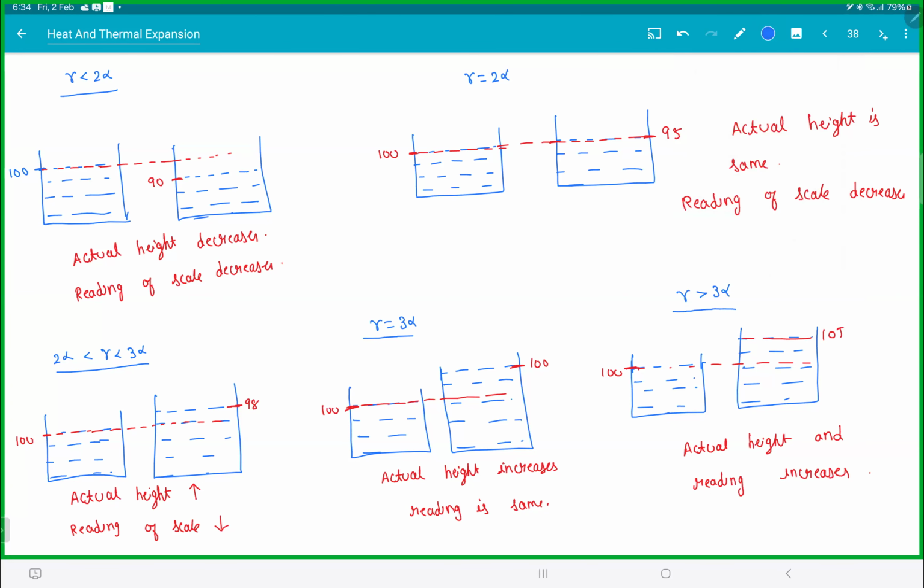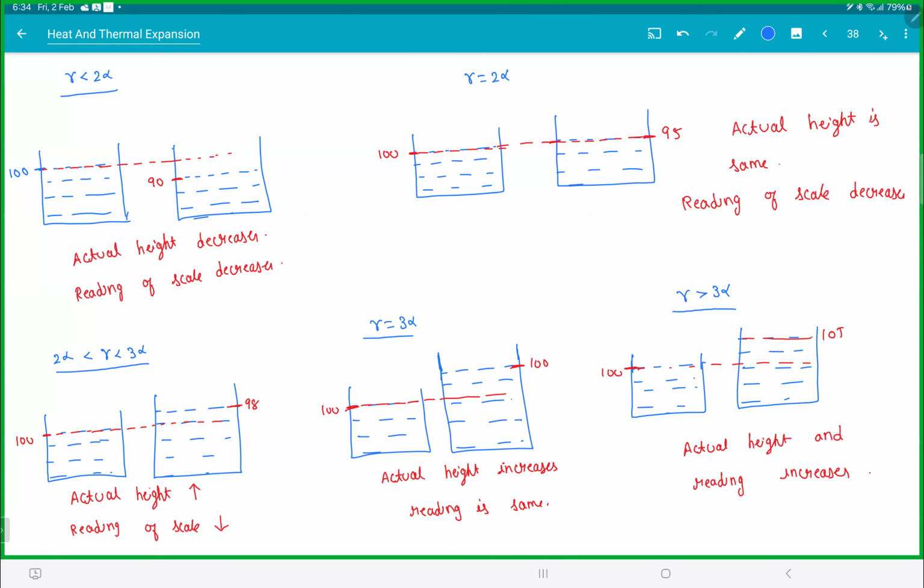Under what condition will the liquid overflow? It should come out of the container. Gamma greater than 3 alpha. It should expand even more than the scale. If you take gamma 3 alpha, the container will always think you're at the same height. You will never overflow. So for gamma greater than 3 alpha, you will overflow.